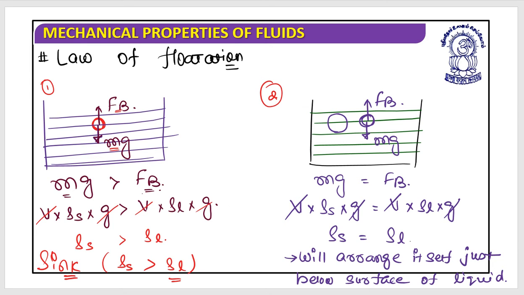This is the case when both the forces are equal and density of solid equals density of liquid. This can also be said to be the equilibrium of fluid: when both the forces acting are the same, this object is said to be in an equilibrium state. This is the second law.